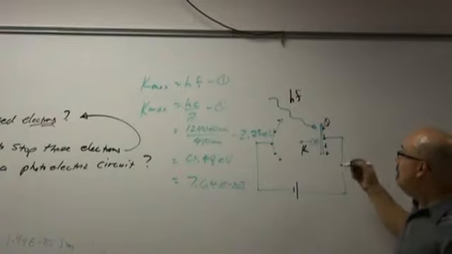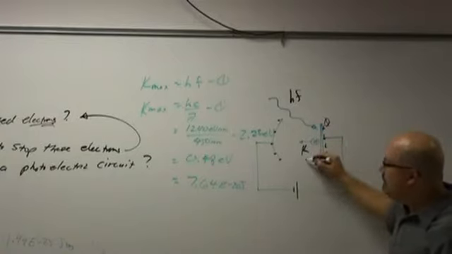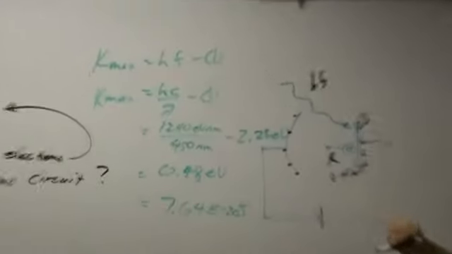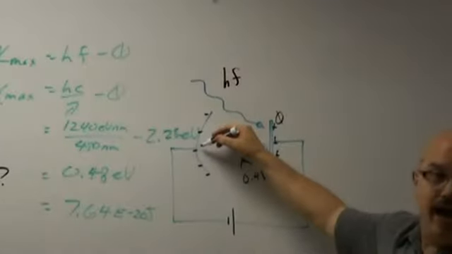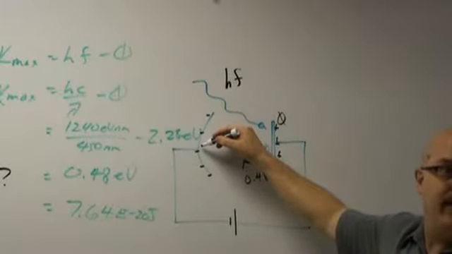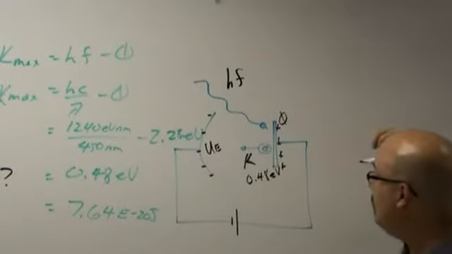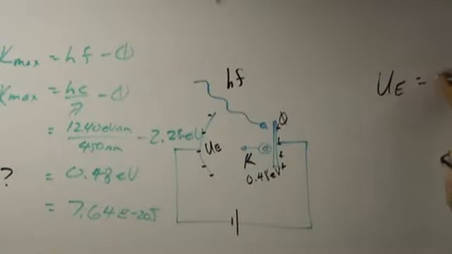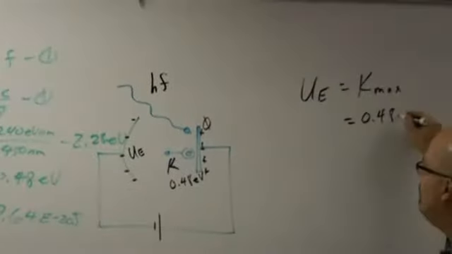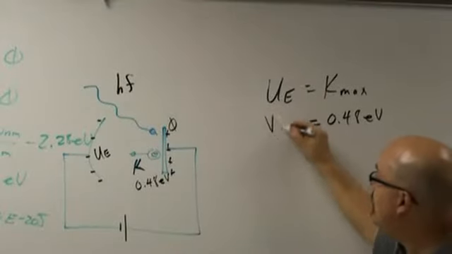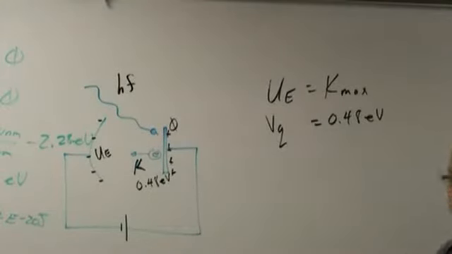So the question is, if this electron has kinetic energy of 0.48 eV when it comes over here and stops, what kind of energy will it have? Potential. Electric potential, and the electric potential equals the kinetic energy max, that's 0.48 eV. We find electric potential energy with V times Q, right?